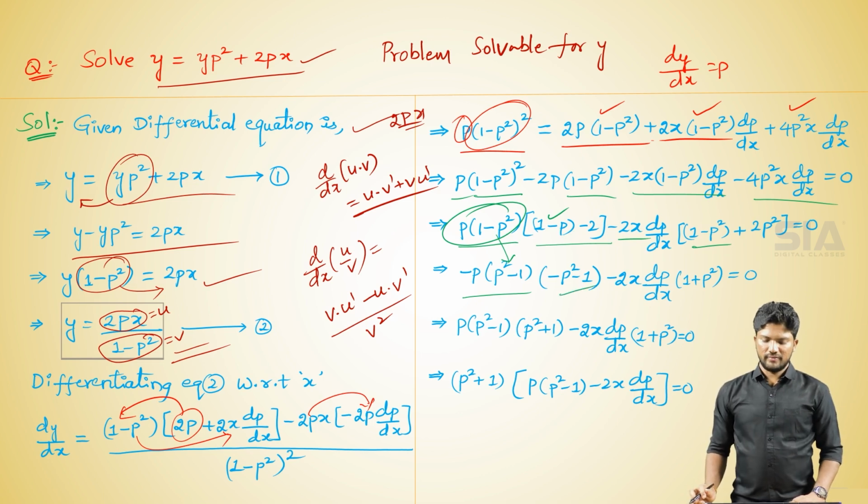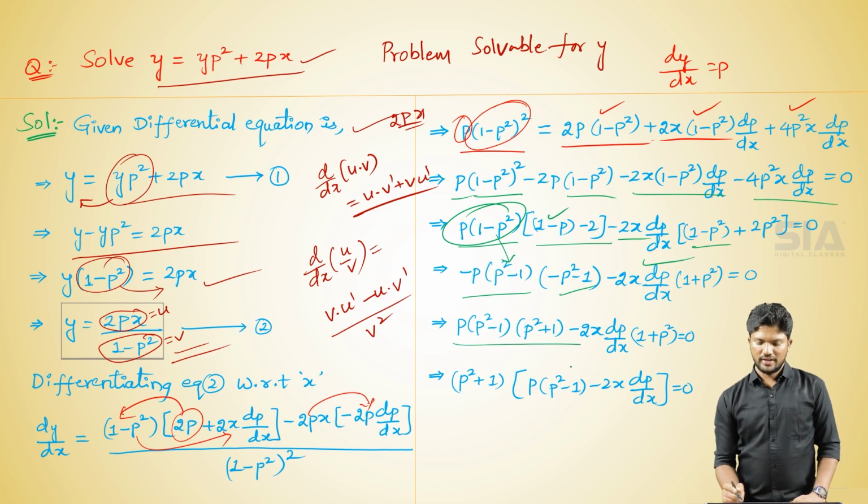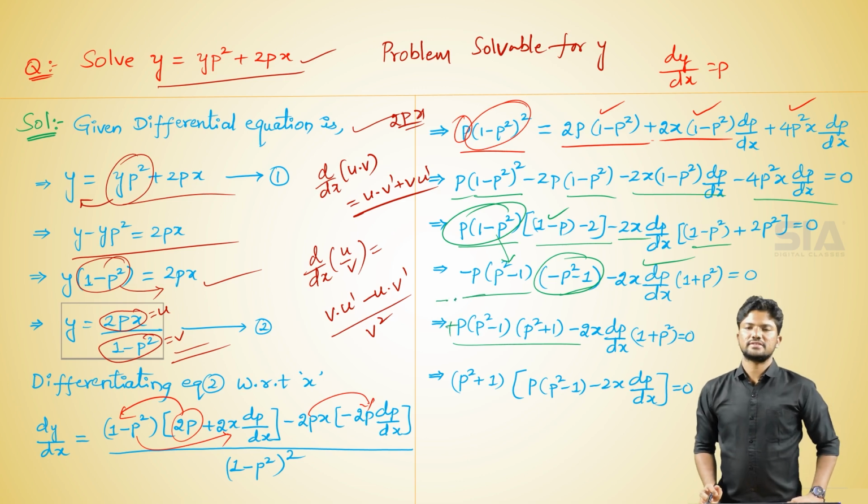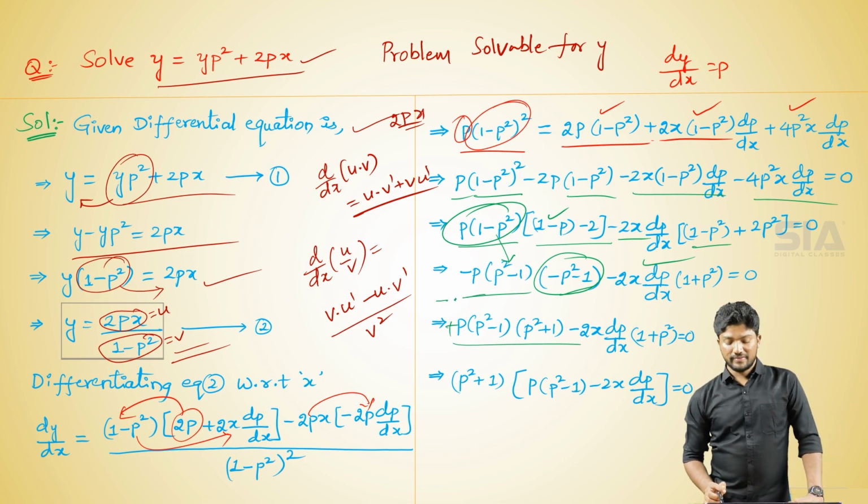We are multiplying the total value with that equation. So therefore you will get minus 2x dp by dx into 1 plus p square equal to 0. Now if you take minus common from this step, minus into minus, you will get plus p into p square minus 1 and p square plus 1.